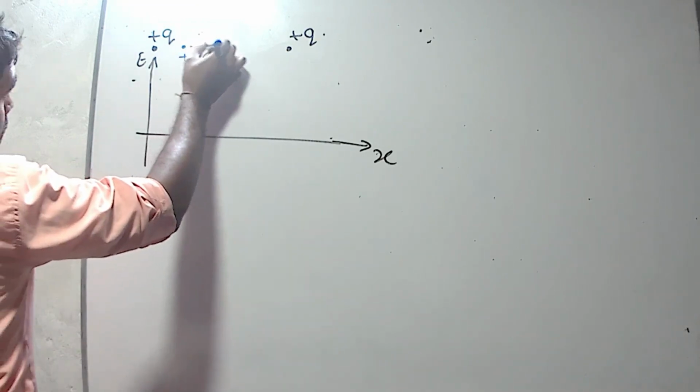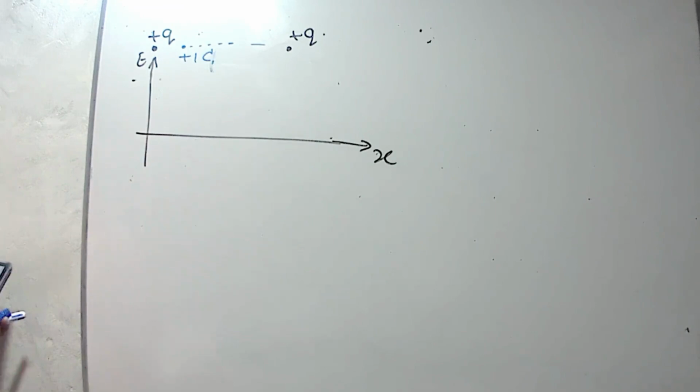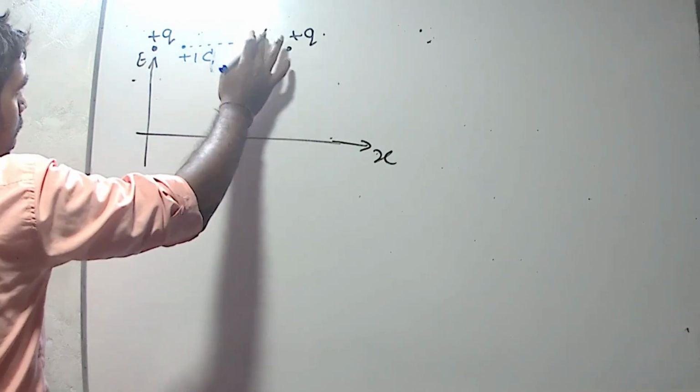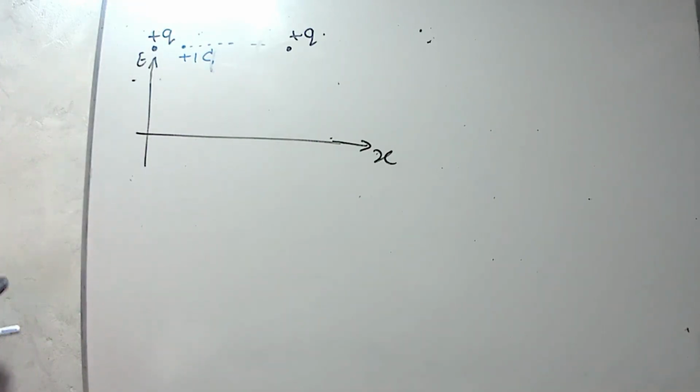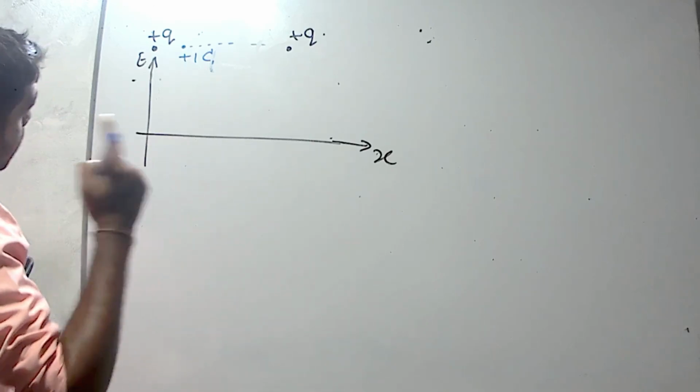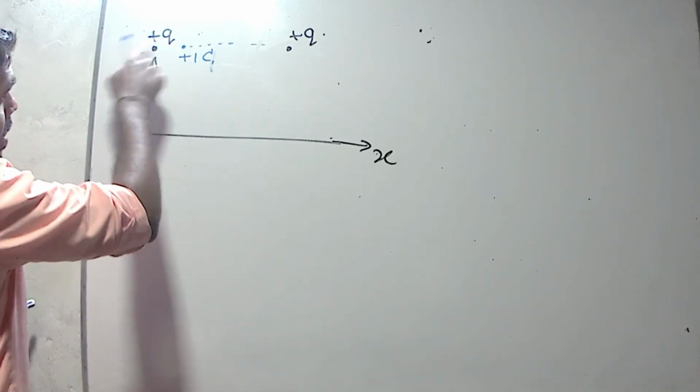But when moving along this line, the force due to the other charge is increasing. Therefore, we have to remember that plus charges give a repulsive force.